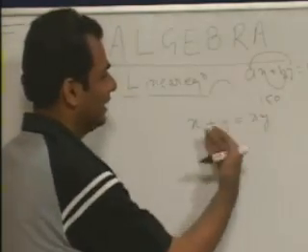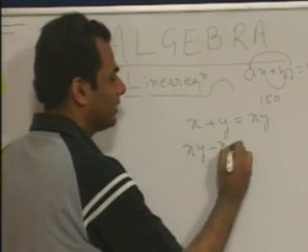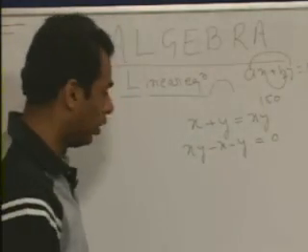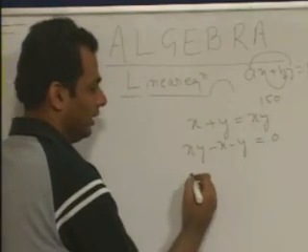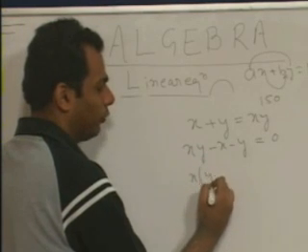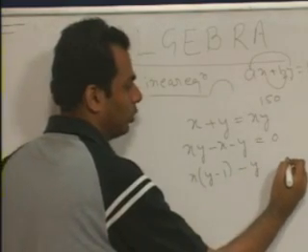What I can say is that this is basically xy minus x minus y is equal to 0, or if I take x common from xy minus x, I will get x into y minus 1 minus y is equal to 0.